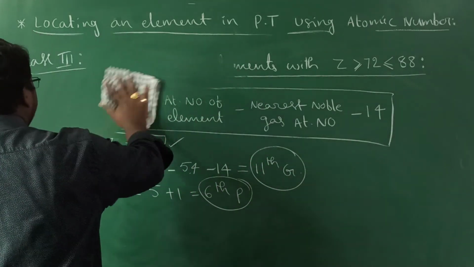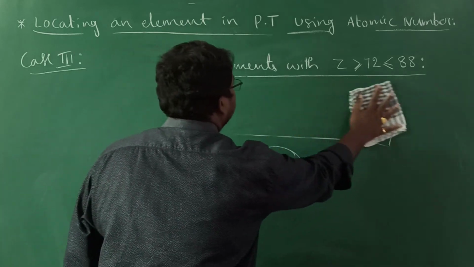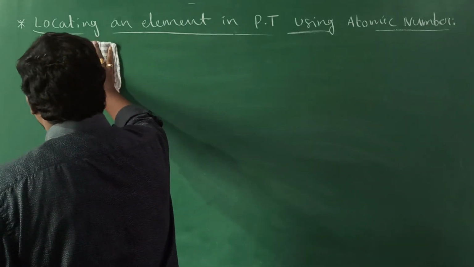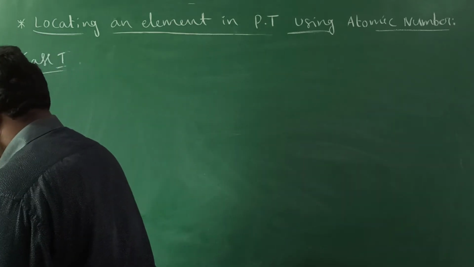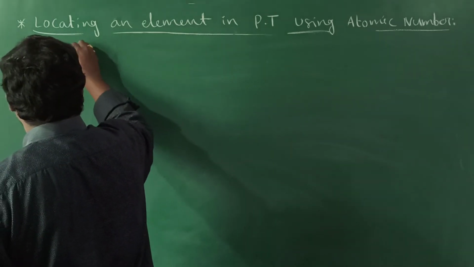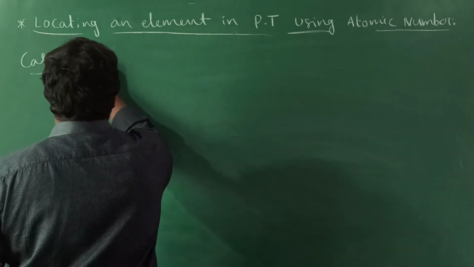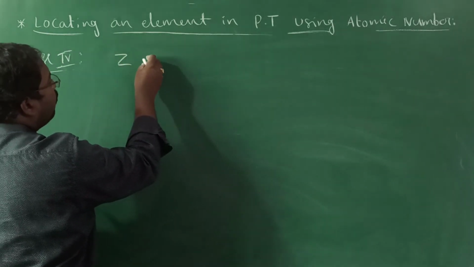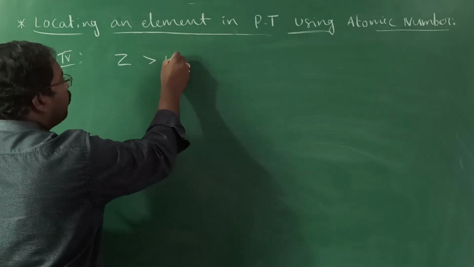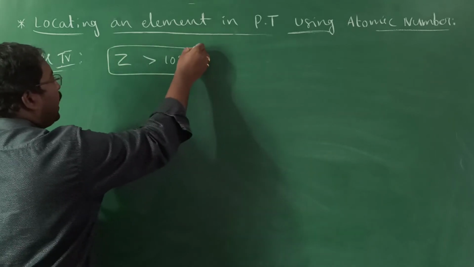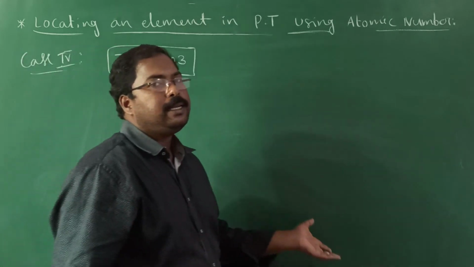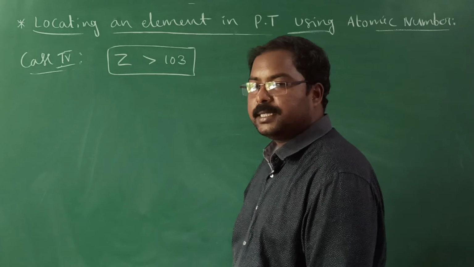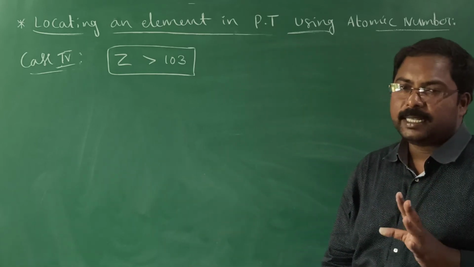Now, coming to the last case, location of elements with atomic number greater than 103. Okay, why greater than 103? Because up to 103, actinoids all belong to the third group. Now in this case, no formula, no tricks, nothing is needed.